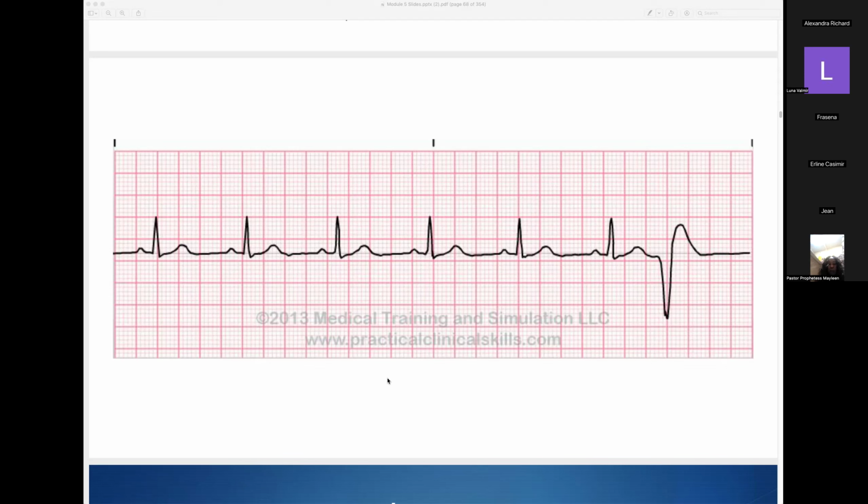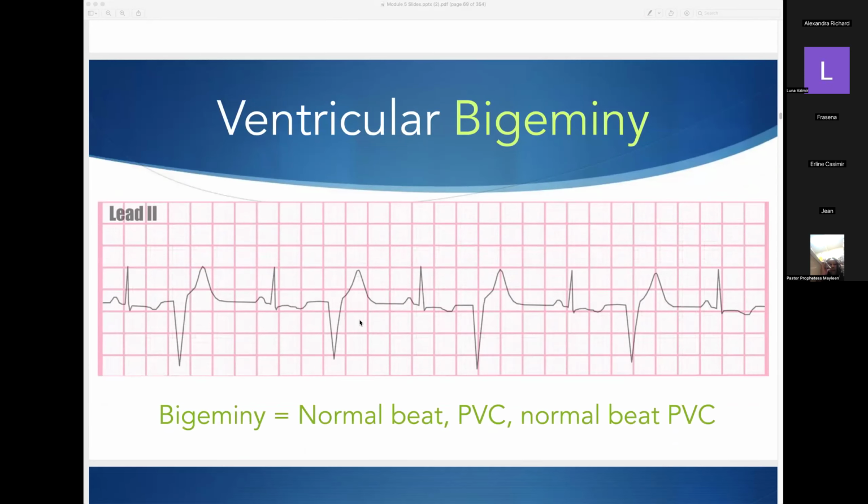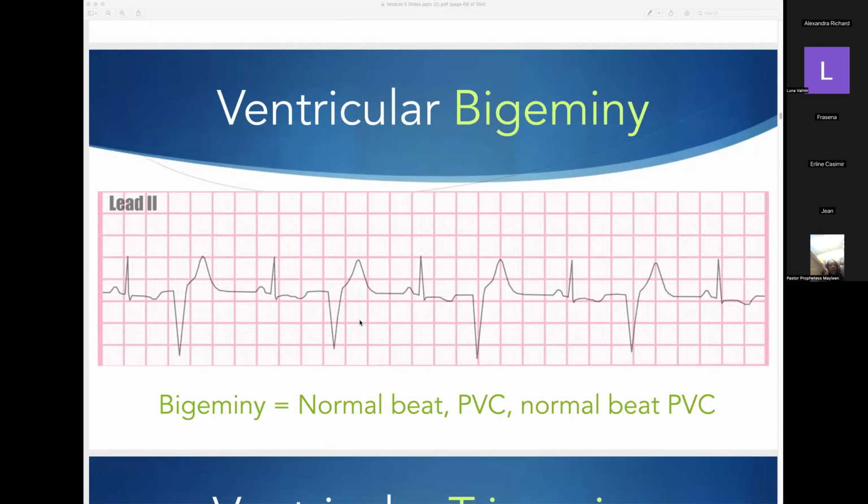All right. So now we're going to learn there's three types of PVC frequencies. So you have ventricular bigeminy, ventricular trigeminy, and ventricular quadgeminy.